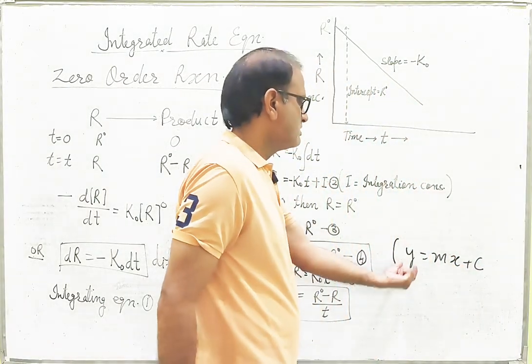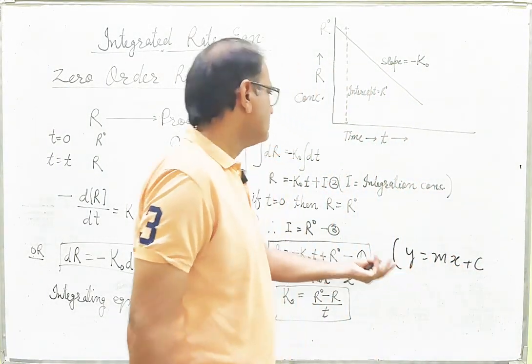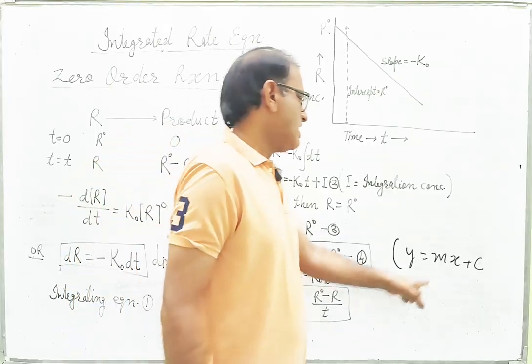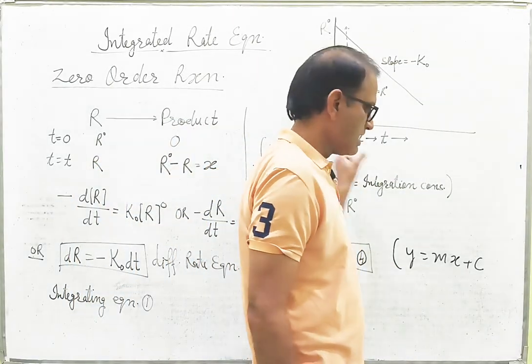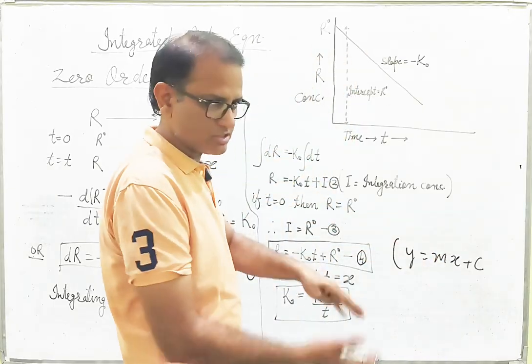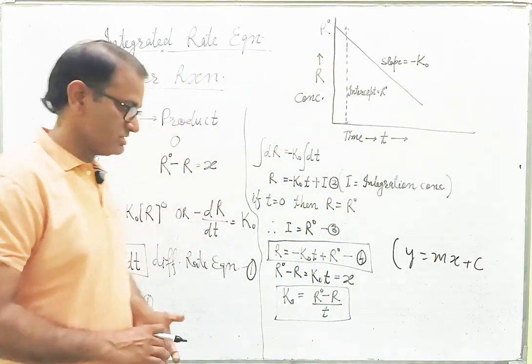Where y is the variable which we are taking on the y axis, m is constant, x is what we are taking on the x axis, and c is the intercept.